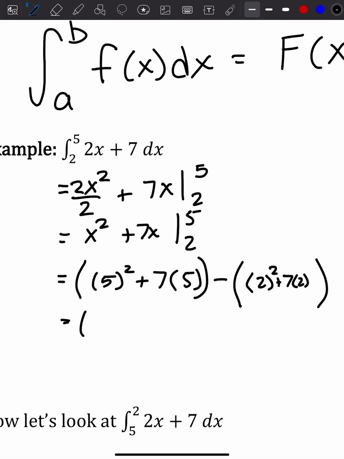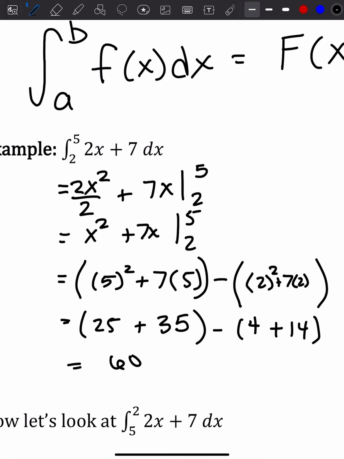I have 5 squared, so 25. 7 times 5 is 35, minus 2 squared, which is 4, plus 7 times 2, which is 14. So I have 25 plus 35, which would give me 60, minus 4 plus 14, which is 18.